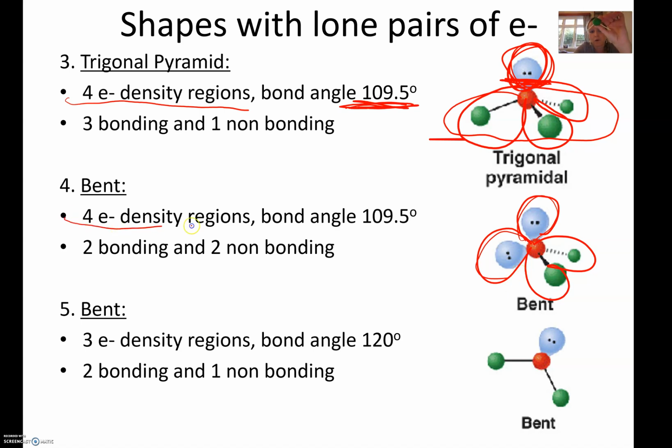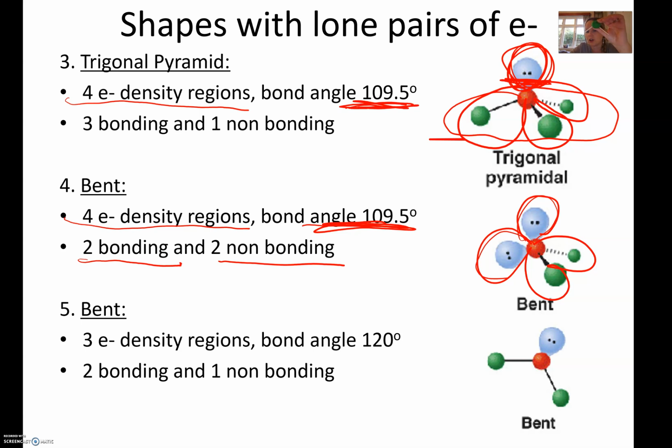So that's why there are 4 electron density regions, and it still holds that bond angle of 109.5 because they're all repelling each other as far as possible, and therefore this bond hasn't changed. It's still 109.5, and when we talk about a bond angle, it's always between 2 bonded pairs. So we would say that this structure has 2 bonding pairs of electrons and 2 non-bonding pairs of electrons, and therefore the shape is going to be bent.